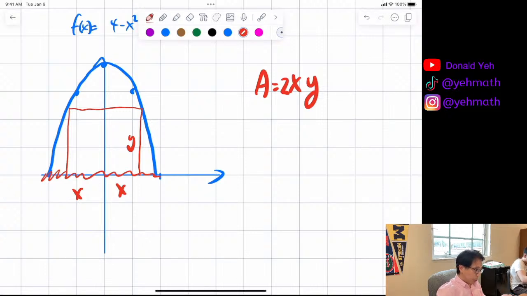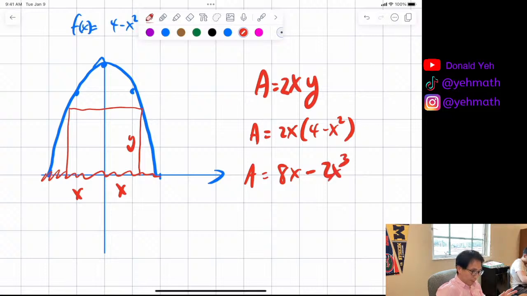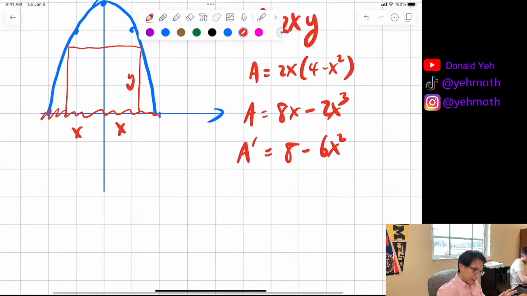Then you do have a constraint. Pay attention, you already have the constraint. And then that's just going to be 8x minus 2x cubed. And A prime is equal to 8 minus 6x squared, and you can set it equal to 0.